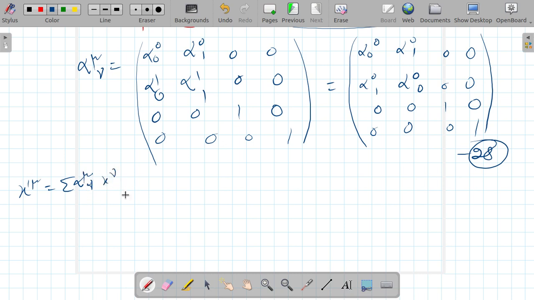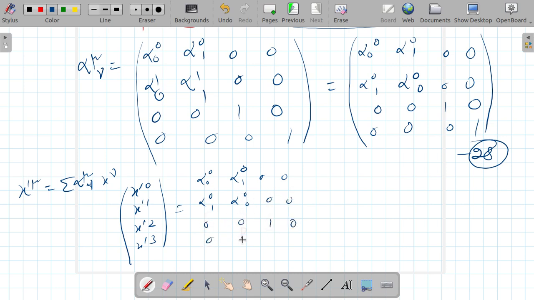If I use this, then I can express it as x prime 0, x prime 1, x prime 2, x prime 3 equal to the matrix alpha 0 0, alpha 0 1, 0, 0, alpha 0 1, alpha 0 0, 0, 0, and so on, acting on x0, x1, x2 and x3.